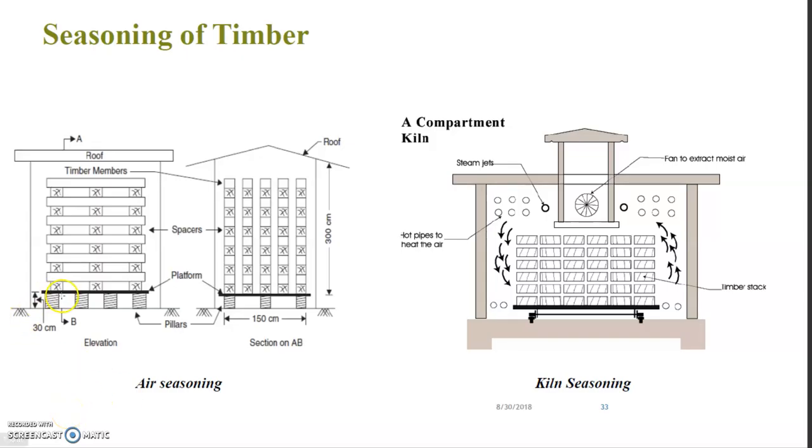The platforms are arranged in this way, and over them the timbers are stacked in such a way that there is a gap between every horizontal layer as well as vertical layer. A roof is also provided to protect it from any moisture or rain.